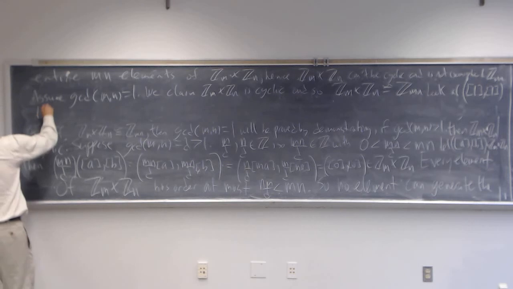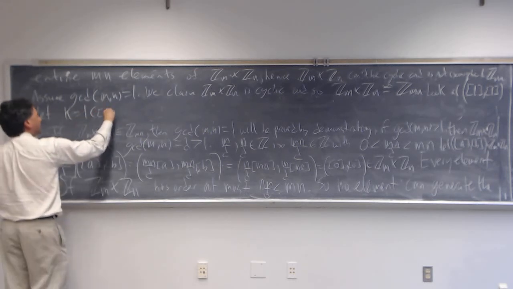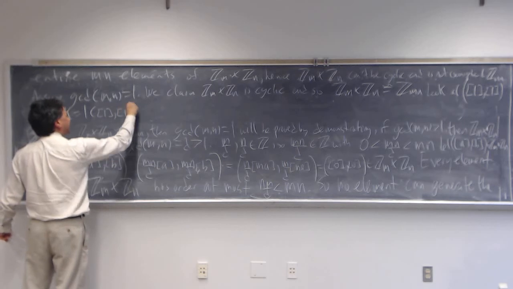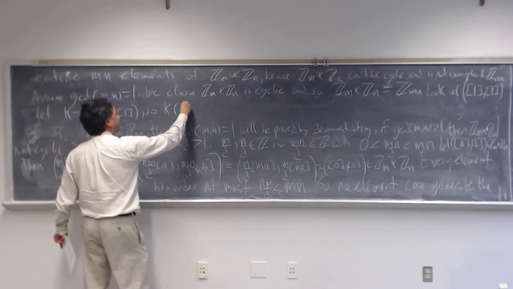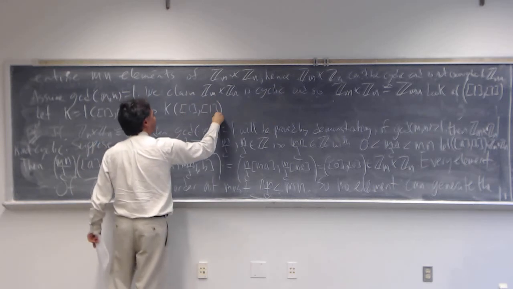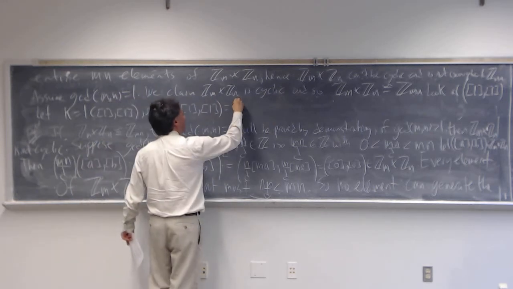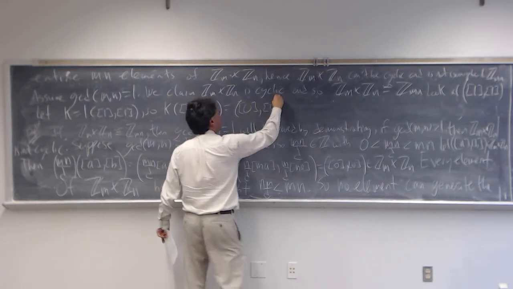So let k be the order of this element. So in particular, if we add this number to itself k times, on the one hand, we have to get (0, 0).